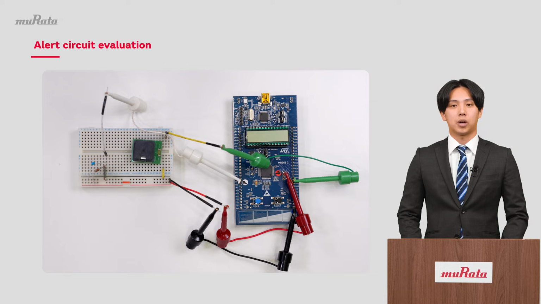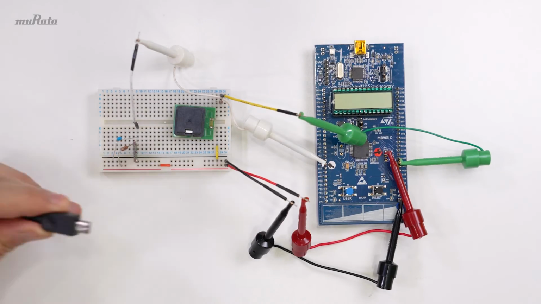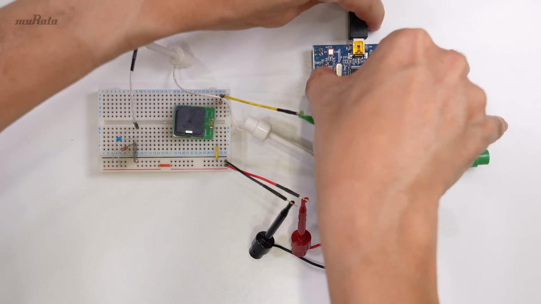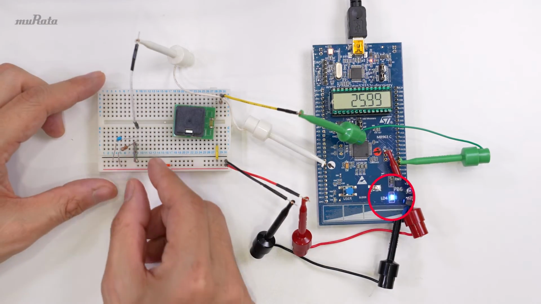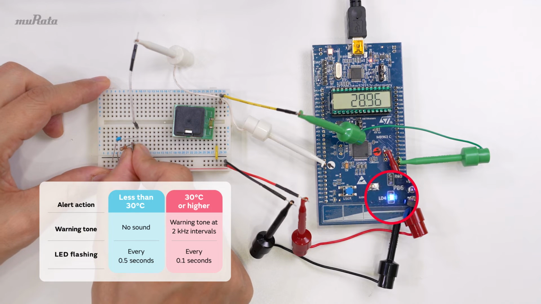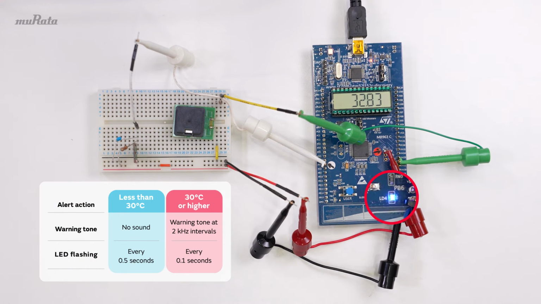Now let's check the operation of the alert circuit. We have confirmed that when the temperature exceeds 30 degrees Celsius, a warning tone sounds and the LED flashes faster.